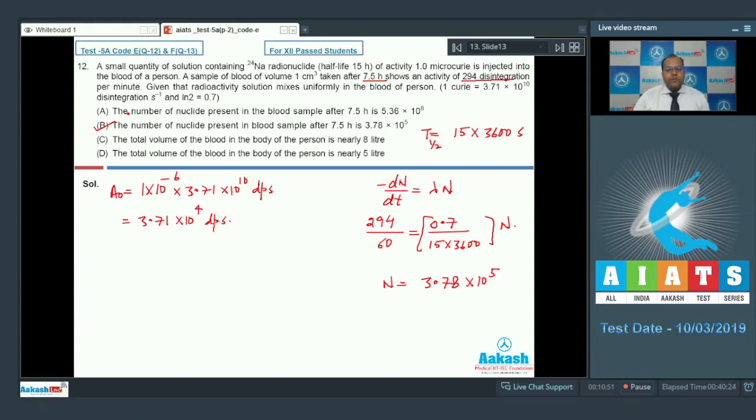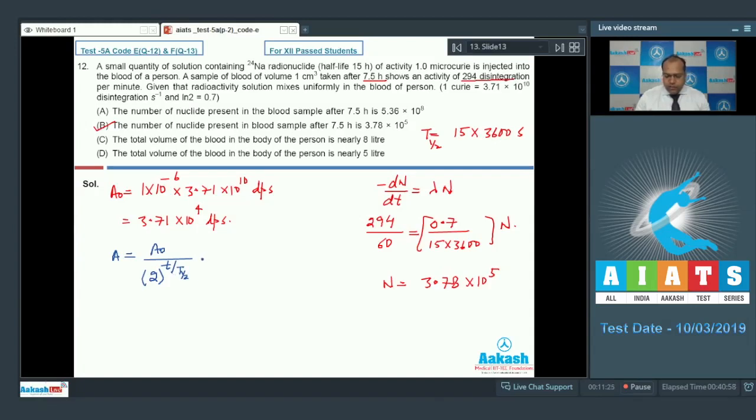Let's check the validity of options C and D. In option C, it is asked whether the total volume of the blood in the body of a person is nearly 8 liters. In order to calculate this, we know that the activity at t equal to 7.5 hours can be written as initial activity A0 divided by 2 raised to the power t divided by t half.